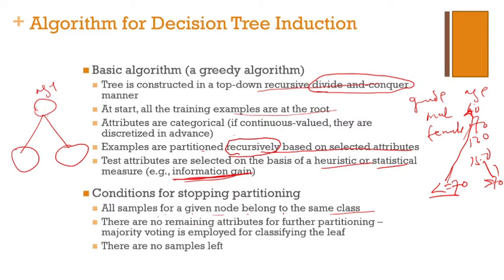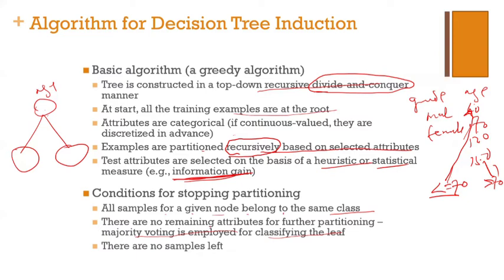Or, if there are no remaining attributes for further partitioning. Sometimes, even though the samples are not yet totally classified, there's no more attribute you can select, and you don't repeat attributes. In that case, you have to employ the concept of majority voting to classify the leaf nodes, because you are going to have leaf nodes with a mixture of yes and no, both classes.